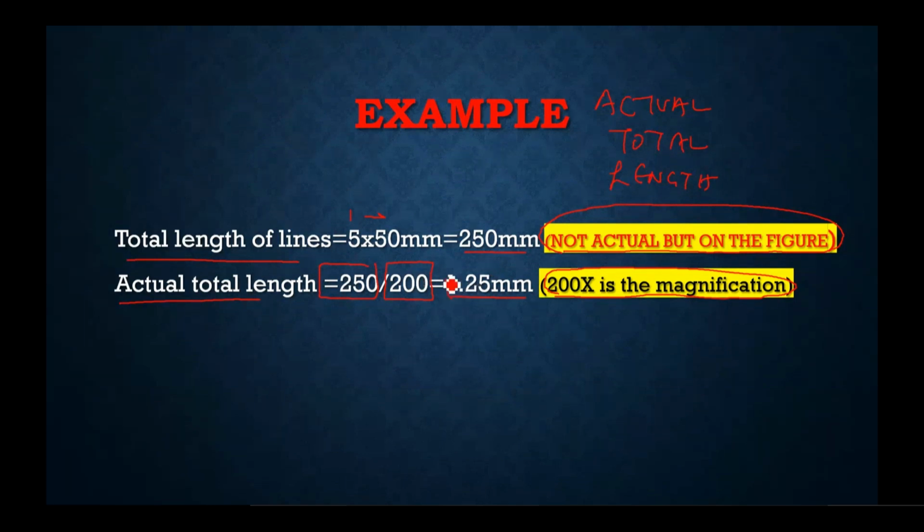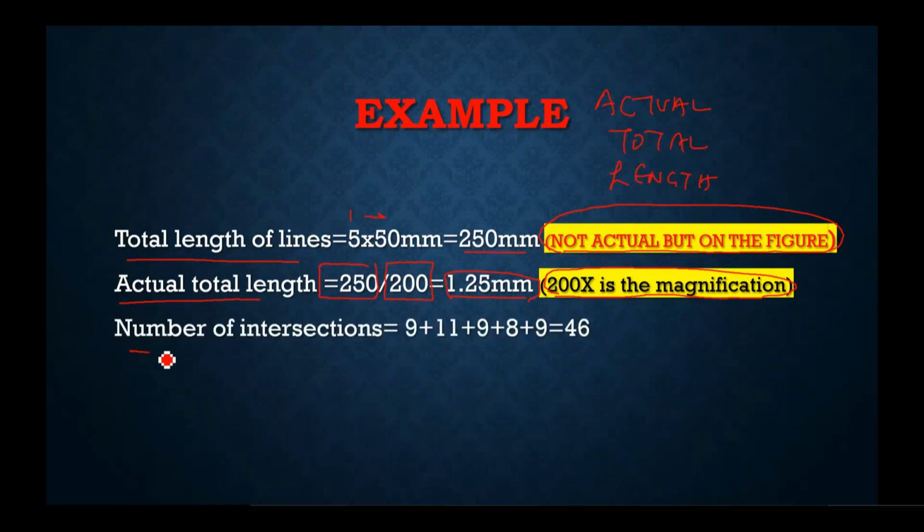Is this clear? Yes, sir. All right. Now once you have the actual total length, you find the number of intersections for all the 5 lines. For the first line we found 9, then 11, 9, 8, 9. So the total number of intersections comes out to be 46.